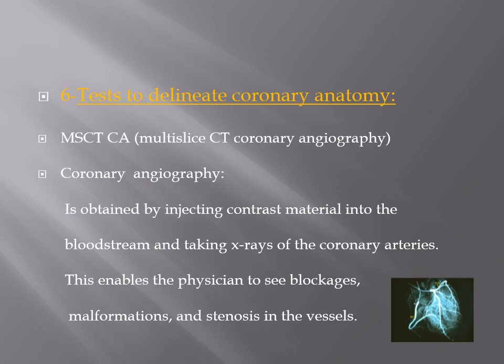Or number 2, invasive coronary angiography, done by injecting the contrast material directly into the coronary arteries using a specific catheter called a cardiac catheter. This enables the physician to see and visualize coronary anatomy and malformations.